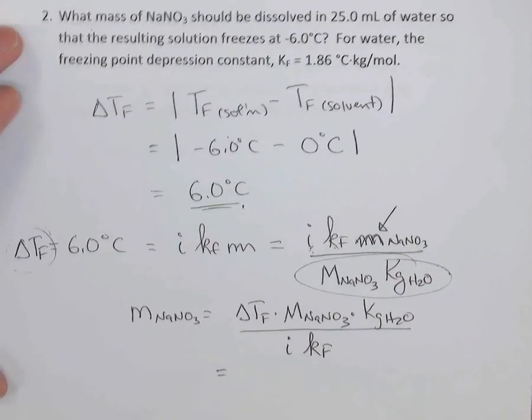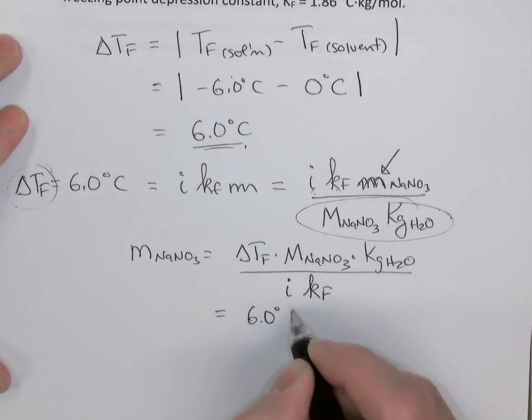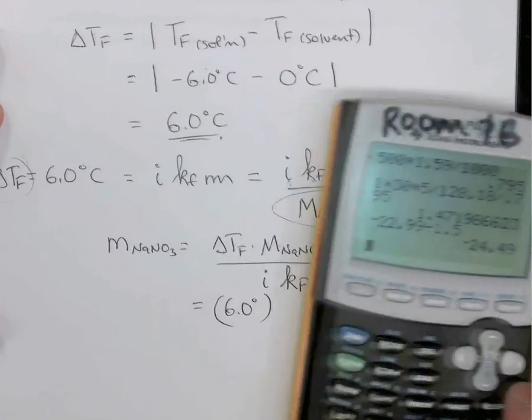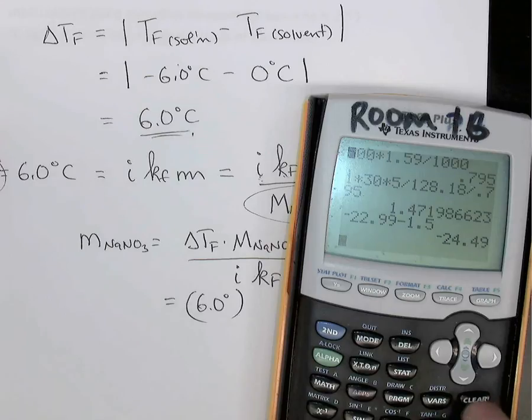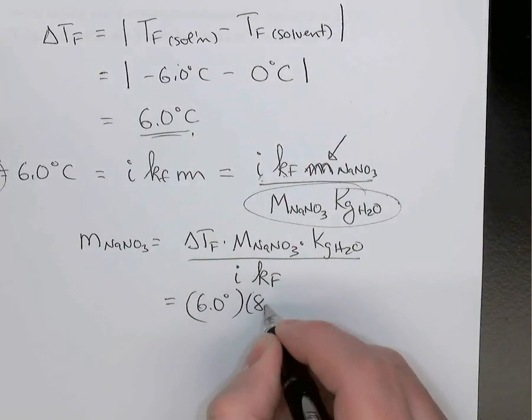Now we can plug our information in. We know delta TF is 6 degrees Celsius. The molar mass of sodium nitrate, we'll just quickly evaluate that. We have 22.99, 14.01, and 3 times 16, 85 grams per mole.